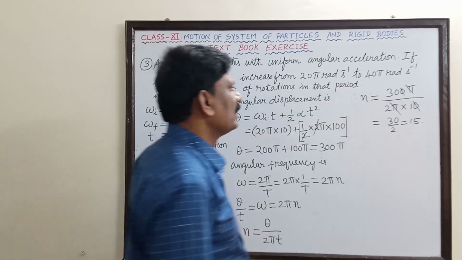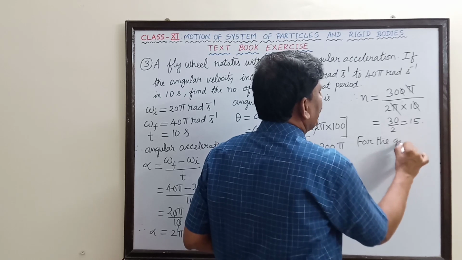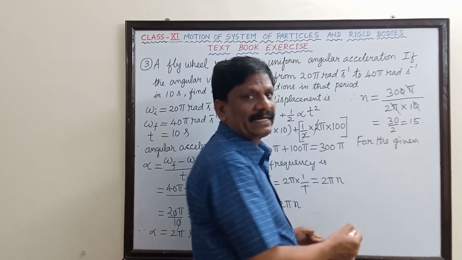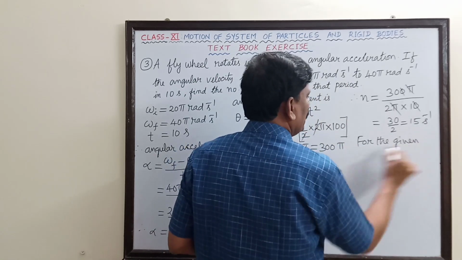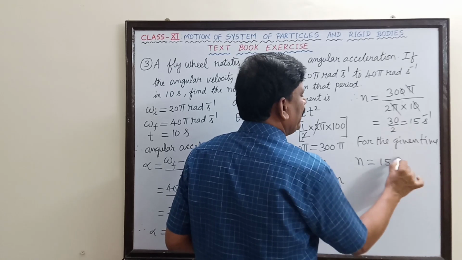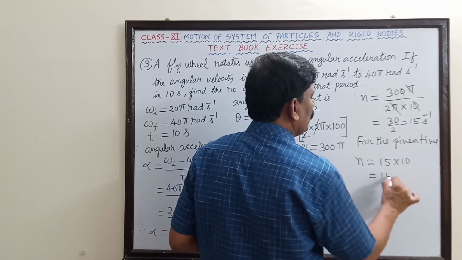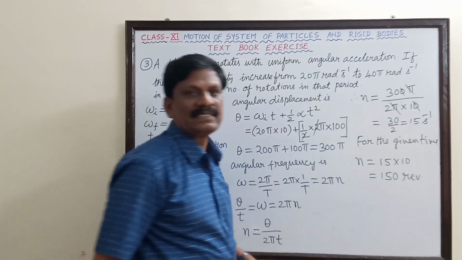So once again, this is per second, is it not? This is 15 per second. Therefore, for the given time, n is equal to 15 into 10, that is equal to 150 revolutions. Okay, 150 revolutions.